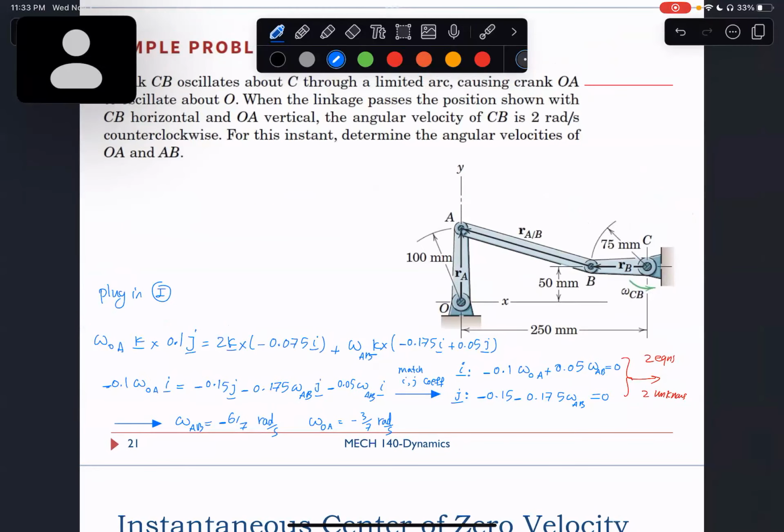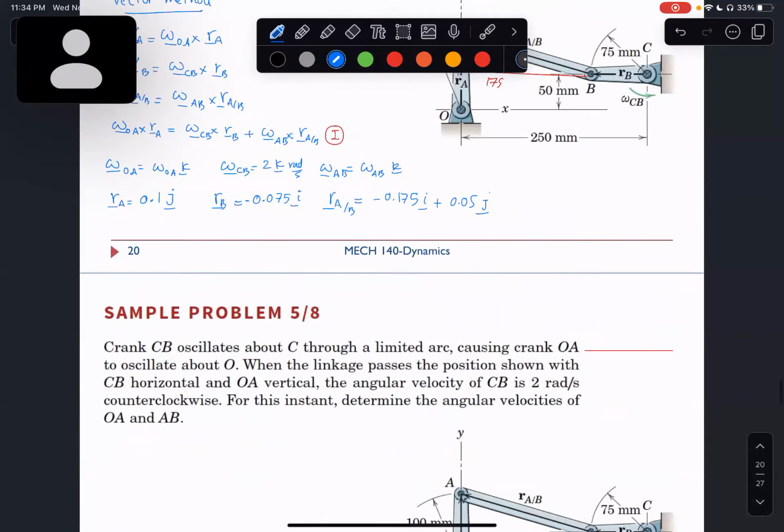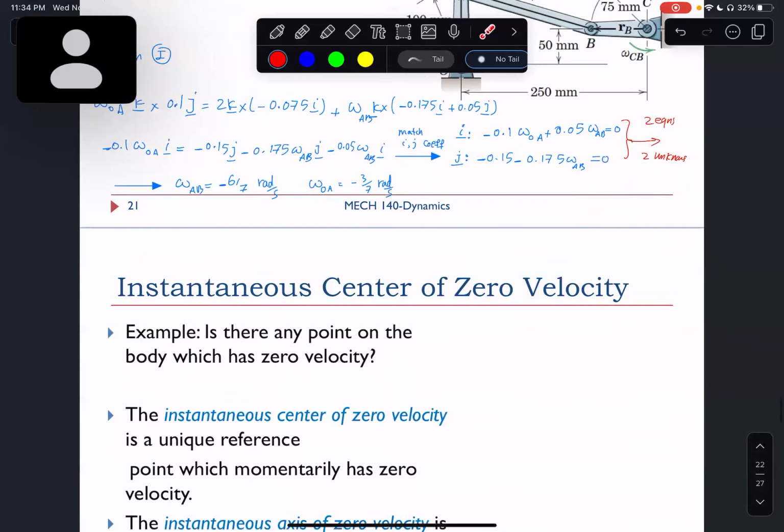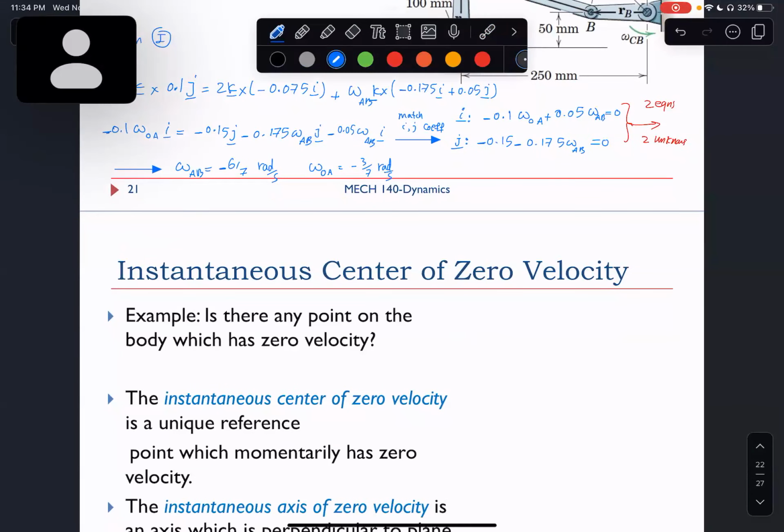This last part is not really the dynamics, this is just the math. The idea of the dynamics was that I wrote the velocity of A from the perspective of this fixed point O and from the perspective of B. And I know that VA is VB plus VA relative to B, so that helps me find the two omegas.